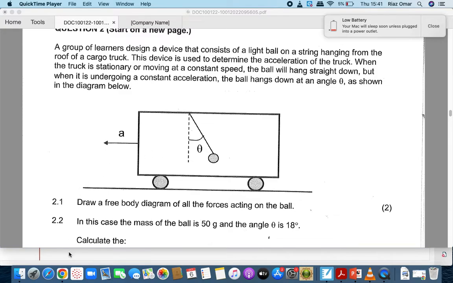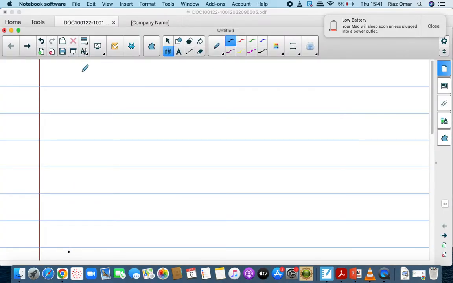So then 2.1, let's just write down question 2. Question 2.1 says draw the free body diagram of all the forces acting on the ball. If this is the ball, then we see that the string is acting upwards, as we see there.